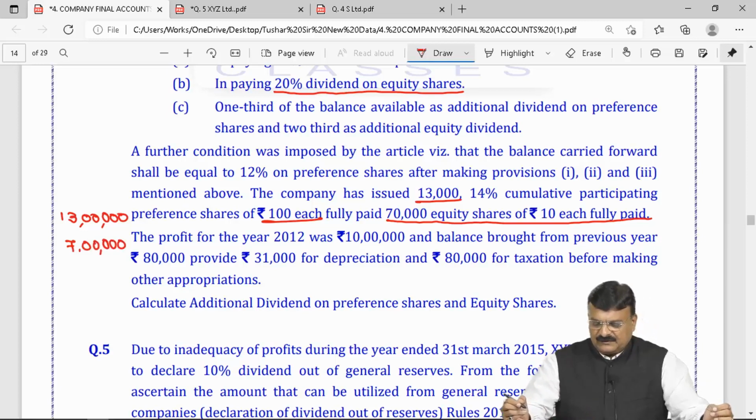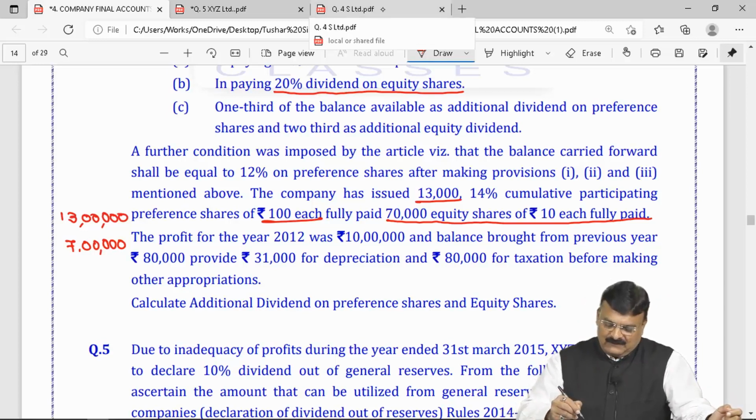Profit for the year 2012 was rupees 10 lakhs, the current year's profit, and balance brought from the previous year rupees 80,000. Provide rupees 31,000 for depreciation and rupees 80,000 for taxation before making any other appropriation. Calculate additional dividend on preference shares and equity shares. That 1/3 and 2/3 question tells you to calculate.